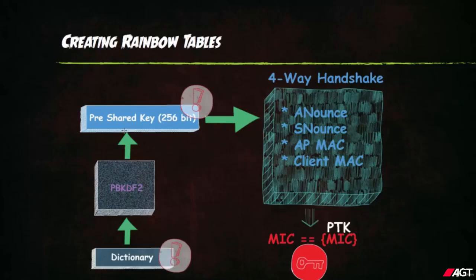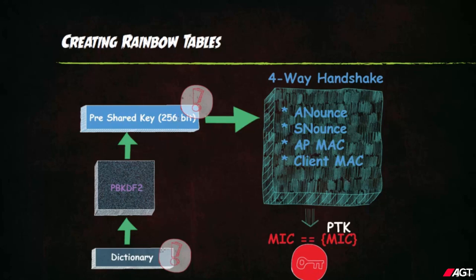So if you remember this diagram from the previous video in which we learned about the WPA protocol, if we look at the hacker's perspective, this is how the hacker will use a dictionary to crack the WPA protocol, right?